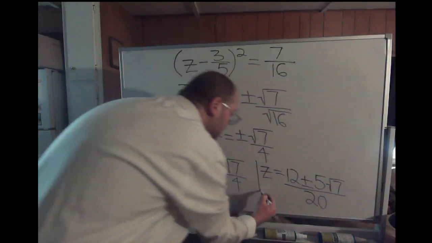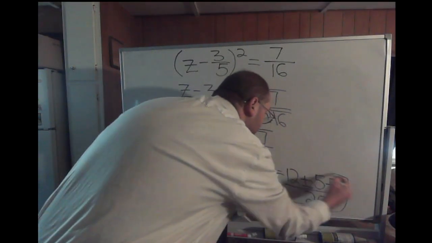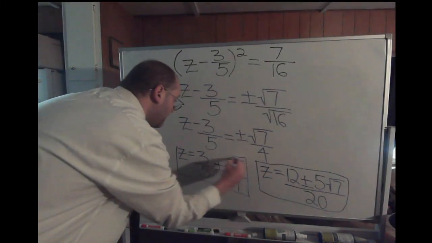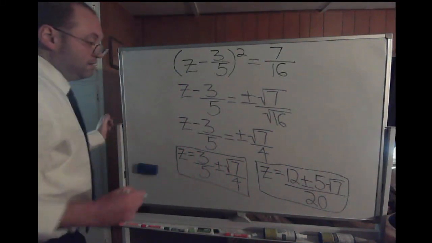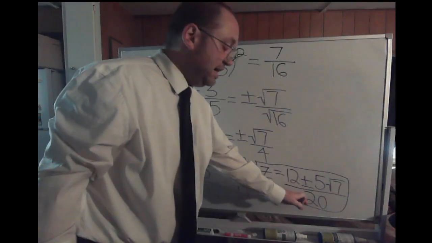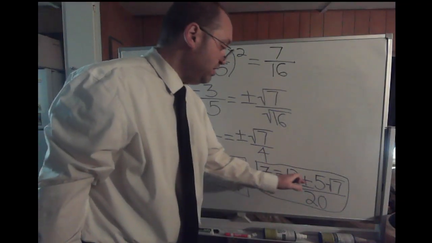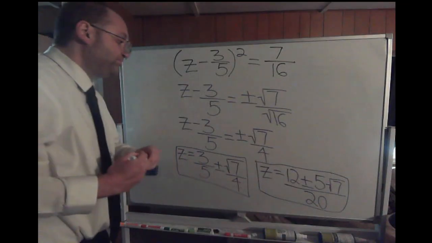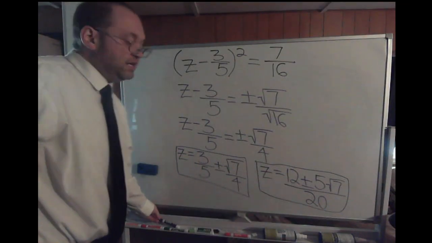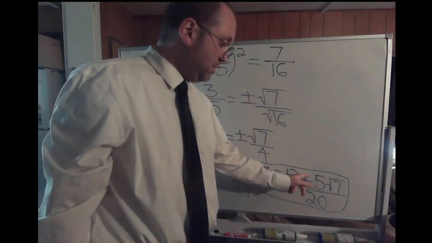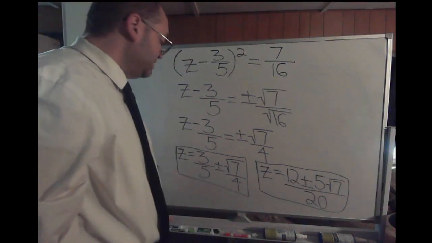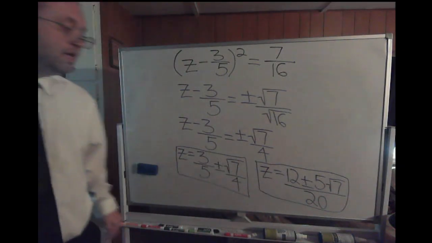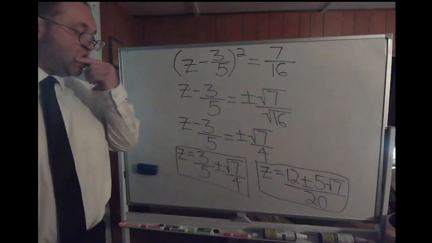Some teachers will take the other answer, but some want it as one denominator. And I suppose this way would actually make it easier to enter into the calculator. So that would make sense.